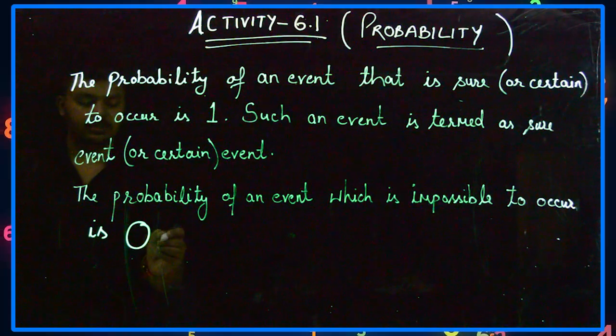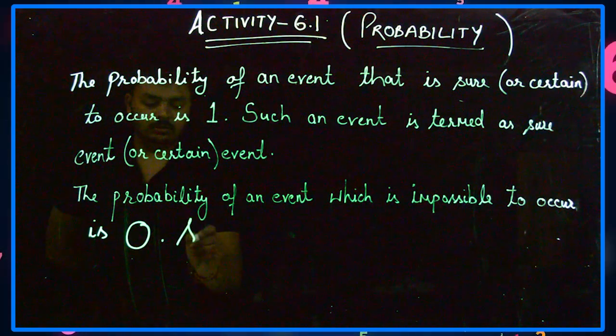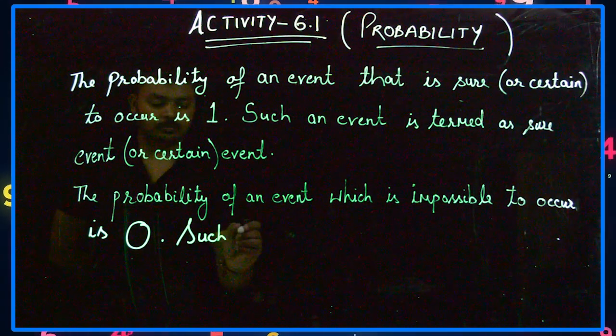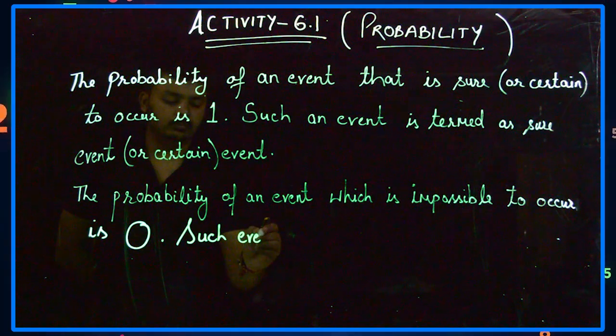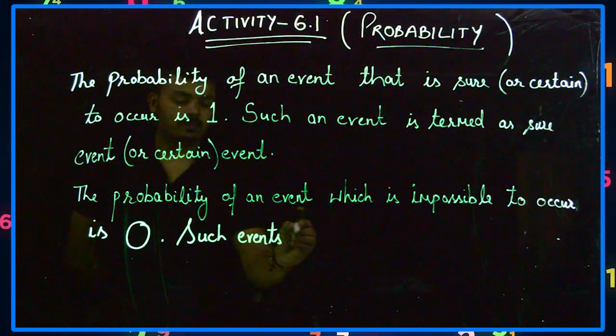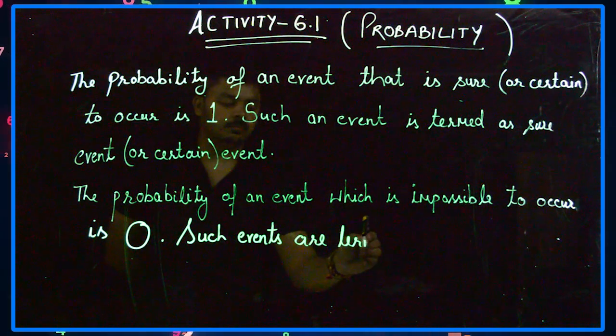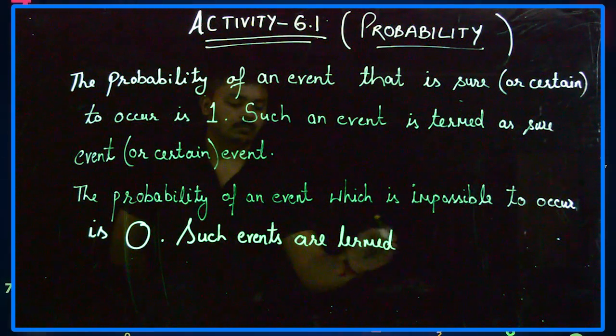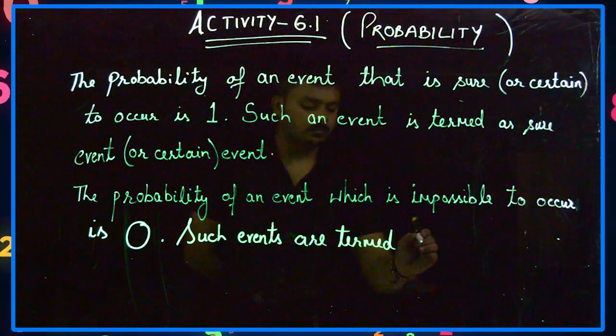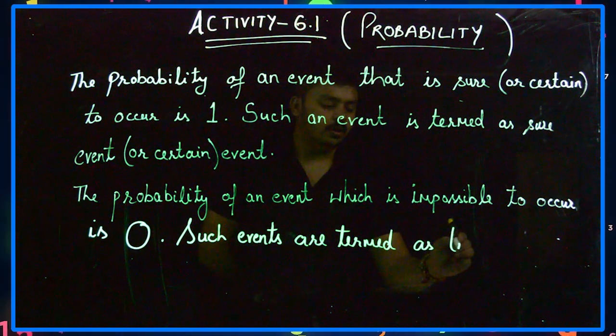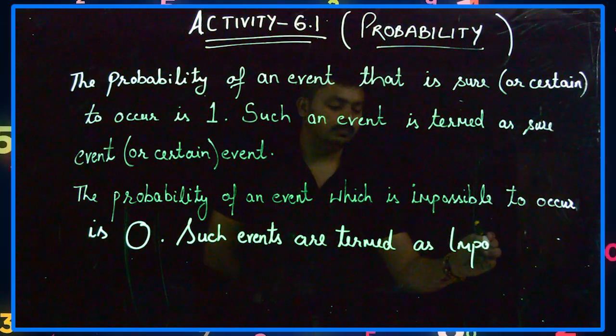Is always 0. Such events are termed as impossible events.